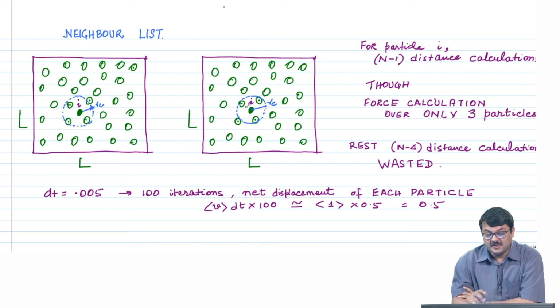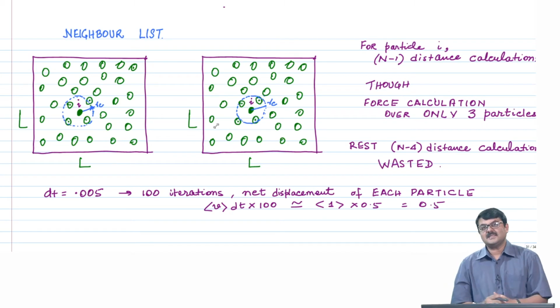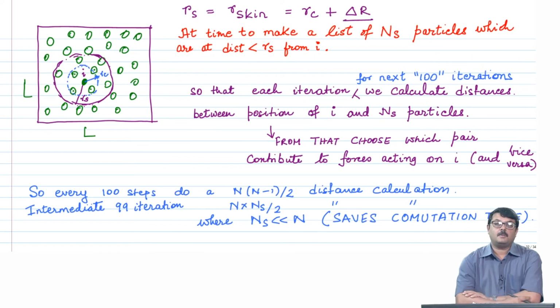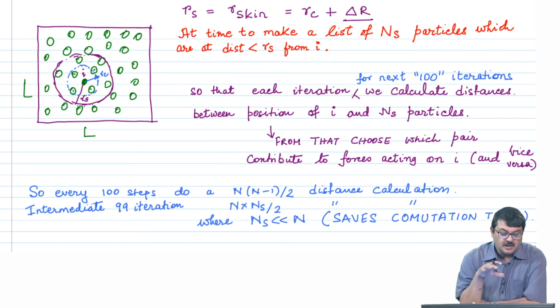If we do not need to calculate the distance of particle I with this large number of particles, we are basically saving computation time. And the neighbor list allows you to do exactly that. So, that is the motivation for the neighbor list, or how one should think of the neighbor list. Now, let us get down to how a neighbor list is calculated.